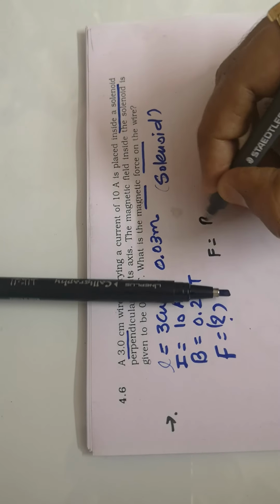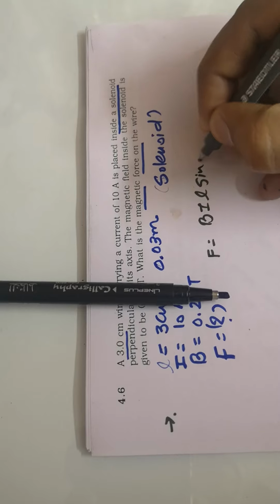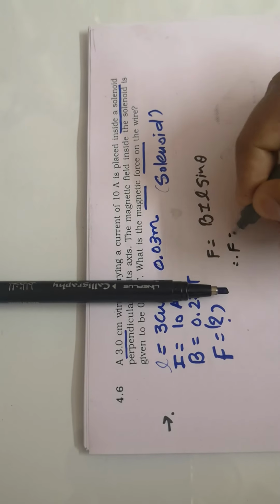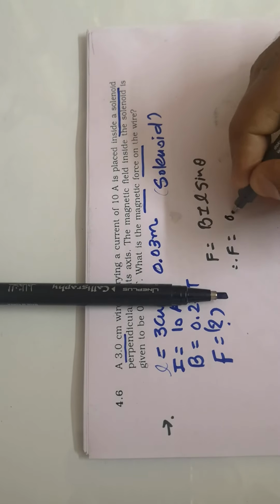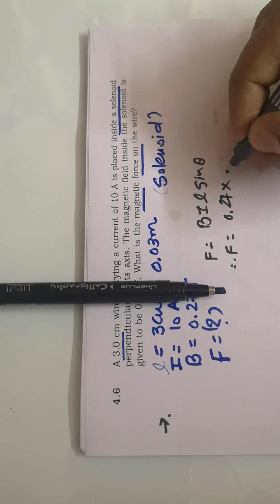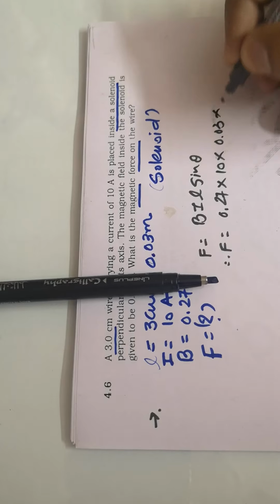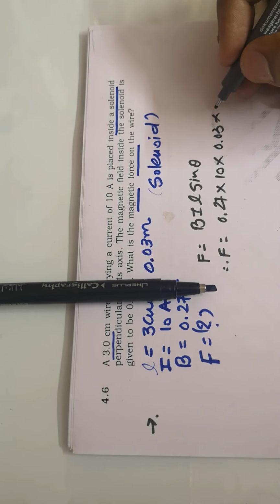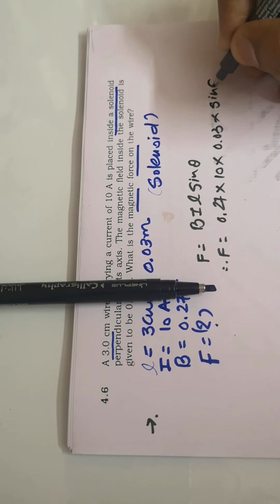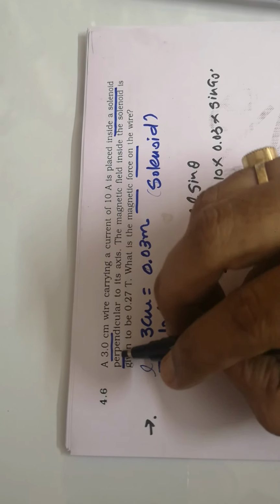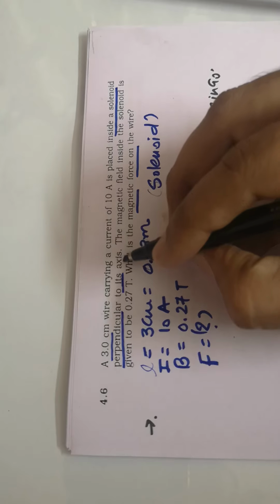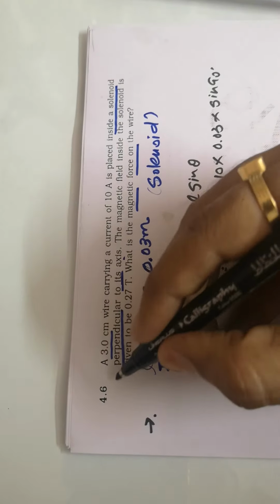F is equal to BIL sin theta. So my force is 0.27 multiplied by 10, then 0.03 meter length, and my theta is perpendicular. See, they have used the word perpendicular, so such are the words, always be careful. So this is perpendicular.